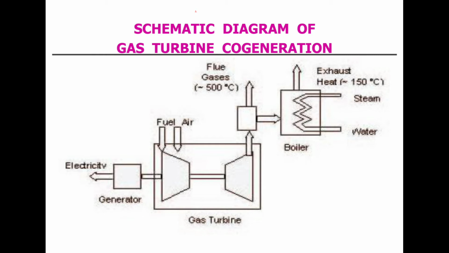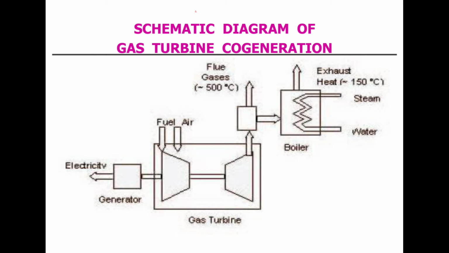Here the steam is supplied at the boiler top portion. At the bottom of the boiler there will be water content. The flue gas passes from the gas turbine outlet, and then the flue gases enter into the boiler.